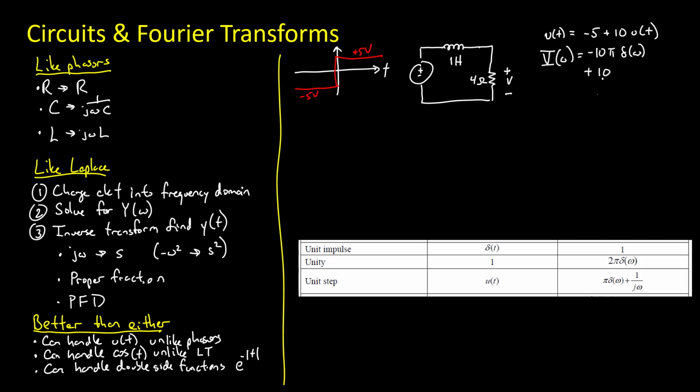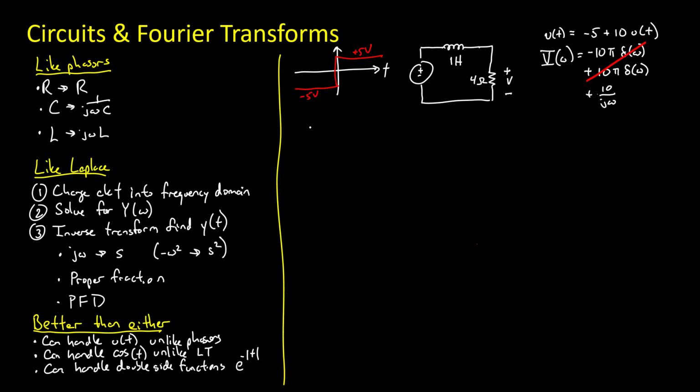So that's going to be 10 times everything. So that's 10 pi delta of omega plus 10 over j omega. Well, that's rather nice. You can see that these two things cancel, and so our overall transform of our input is just 10 over j omega.